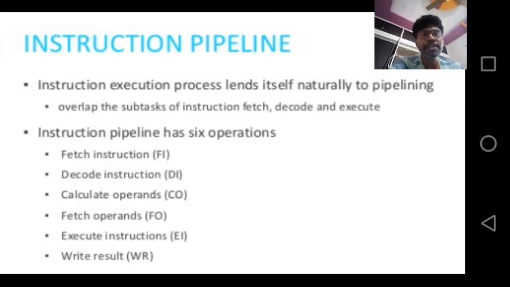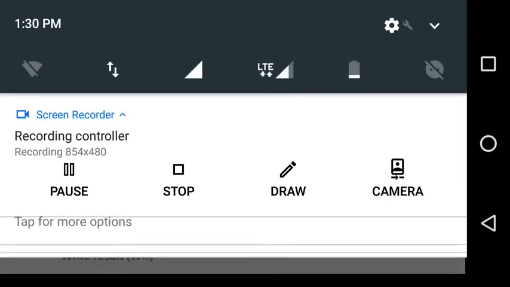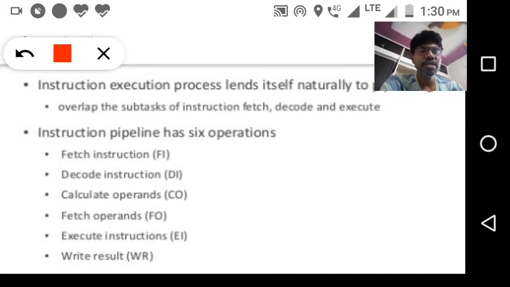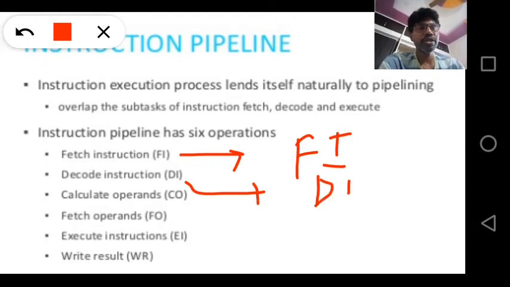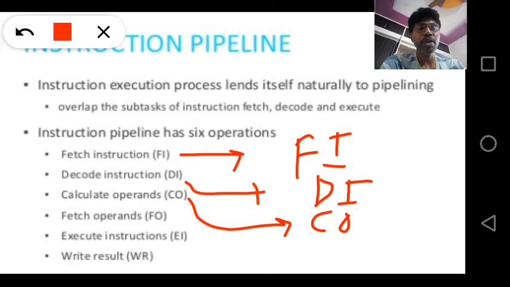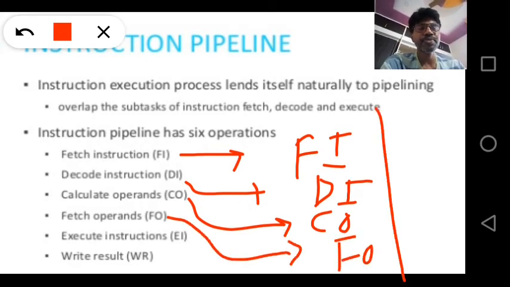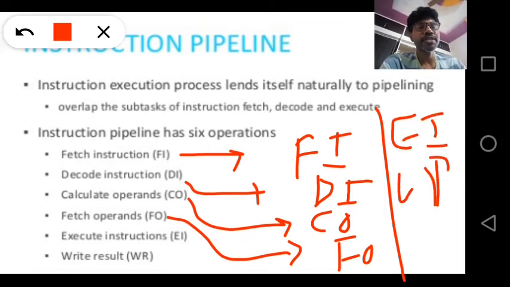Instruction pipeline has 6 operations. So it's divided into 6 operations. One is fetching the instruction, decode instruction, calculate operands, fetch operands, execute instruction, and write the results.